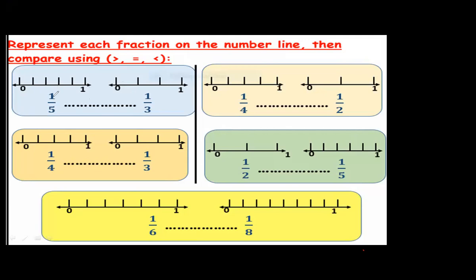Miss, we have 1/5 and 1/3. Which one is the biggest? 1/3. Here is the space of 1/3, and this is 1/5. Which is bigger? 1/3. Excellent. Then we have 1/4.